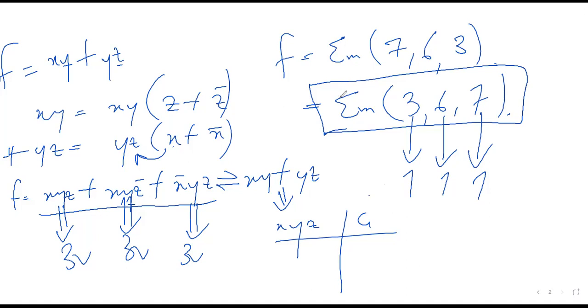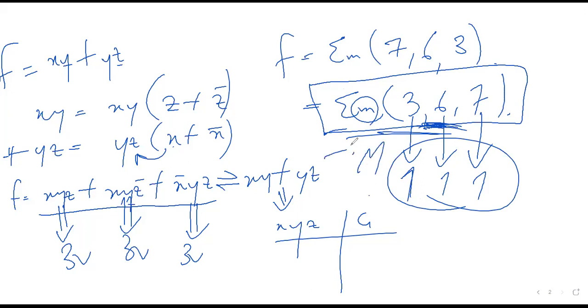But if I use canonical forms, I can easily get this expression and identify where my outputs are 1s and where they are 0s. For sum of minterms we have 1s here. If it is product of maxterms, then we will have zeros here.